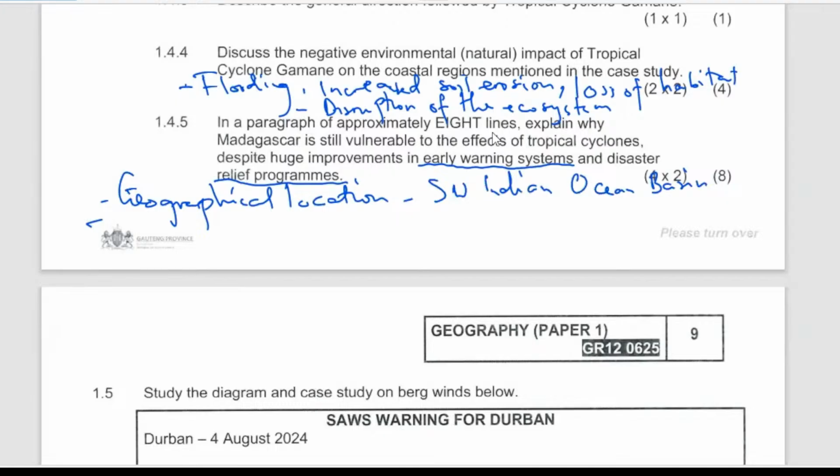Madagascar is still vulnerable. It will still be affected, and it will still be affected because it's frequent. Its geographical location facilitates the frequency of those natural disasters. And also, we can talk of Madagascar's inadequate infrastructure.